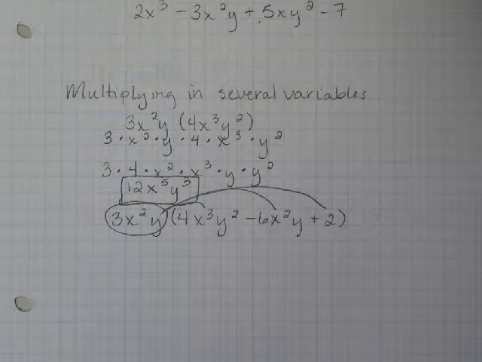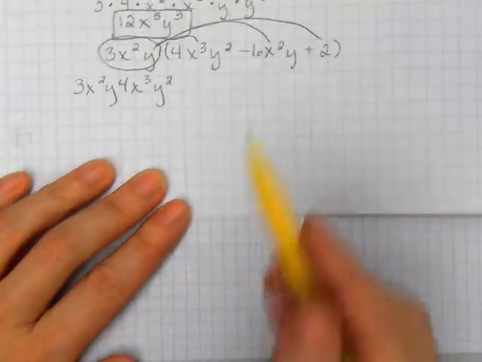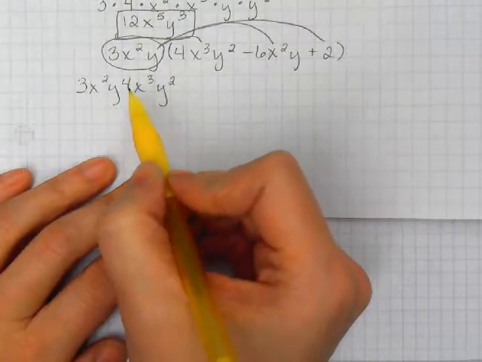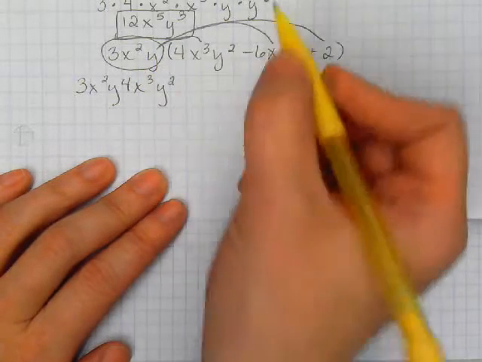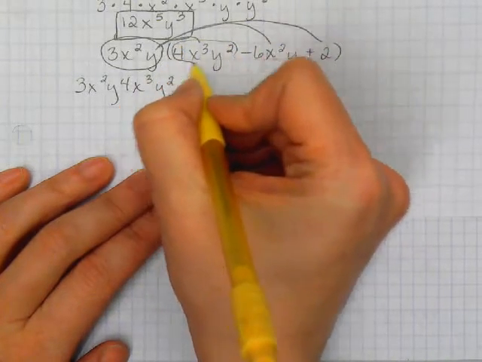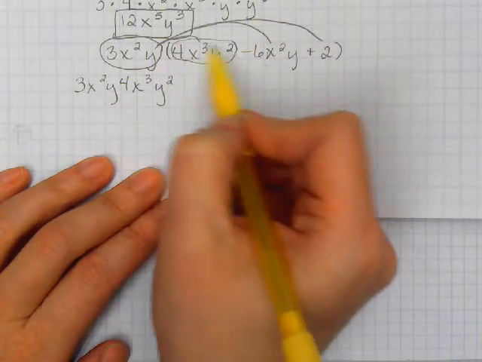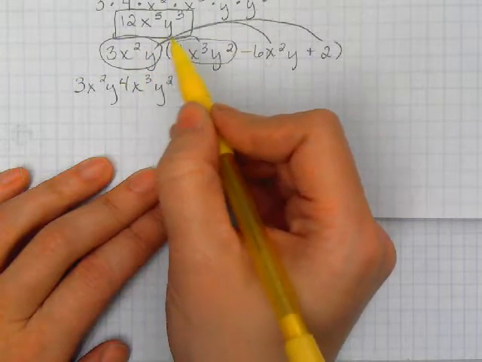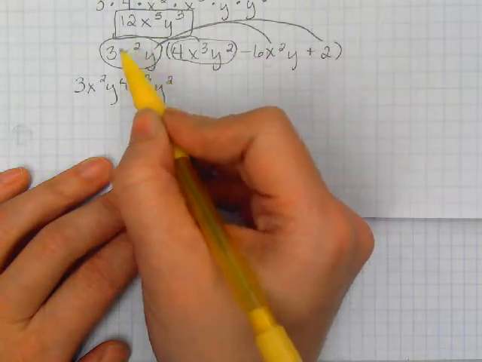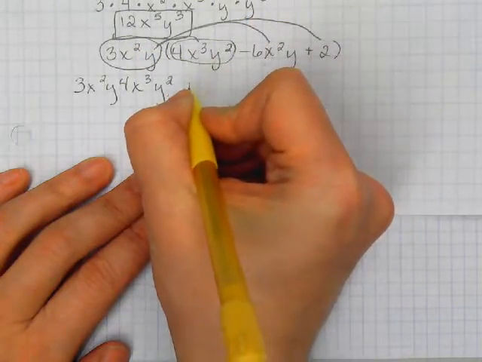When I actually simplify this, this is very long but can be simplified. Within each of these terms, the first thing I'm going to do is multiply my coefficients. So what are my coefficients in this first term? 3 and 4. My numbers, not my exponents, are my coefficients. So when I multiply 3 by 4, I get 12. And if I have x to the second and x to the third, what does that give me?